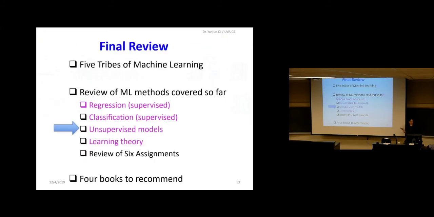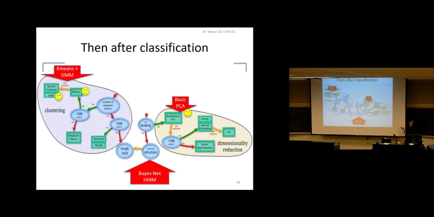Okay, unsupervised models, I'm going to do it pretty quickly. In scikit-learn, the unsupervised models only have modules for clustering and dimension reduction. But in the modern age, there's another group, which is the generation of samples, like image generation, which I'm a big fan of.